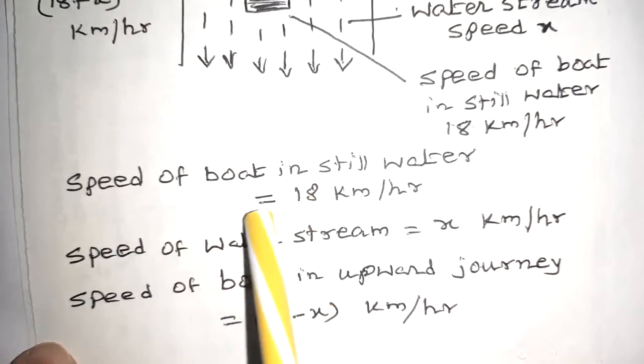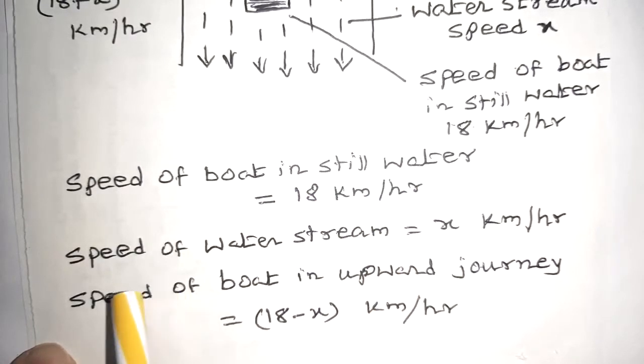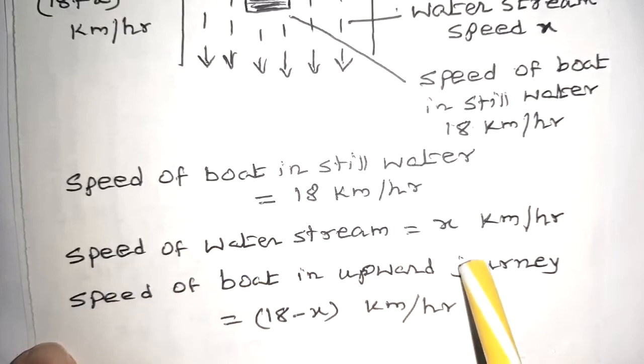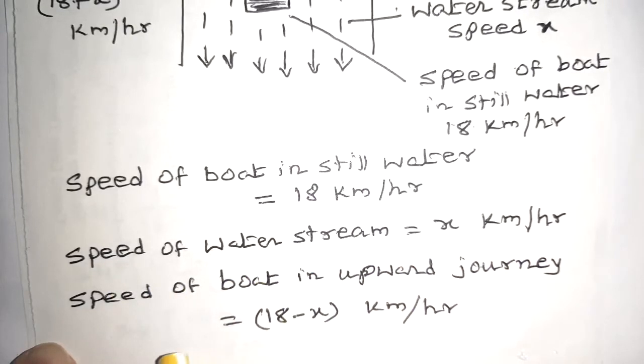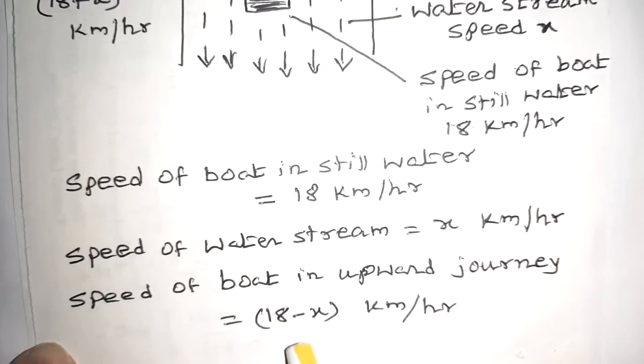So speed of boat in still water is 18 kilometers per hour. It is given. Speed of water stream is taken as x kilometers per hour. Then speed of boat in upward journey is 18 minus x kilometers per hour.